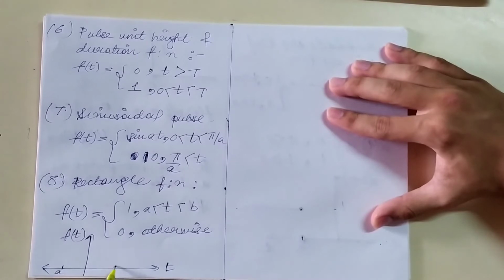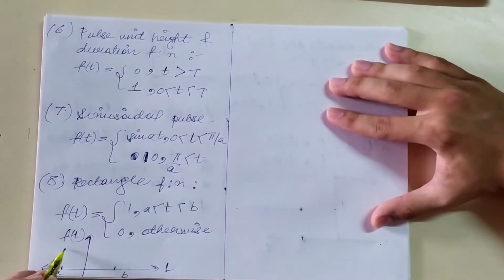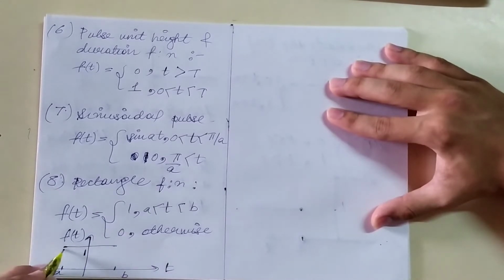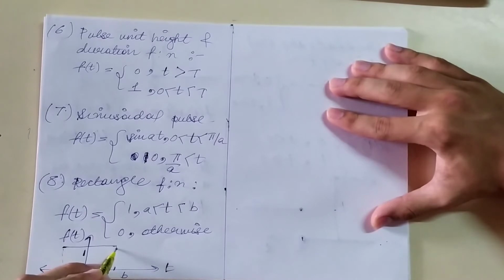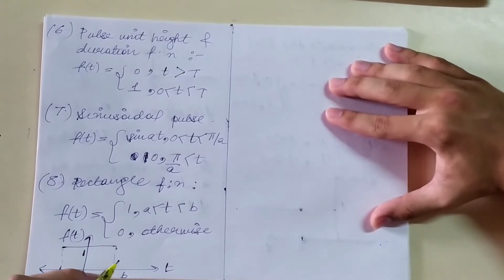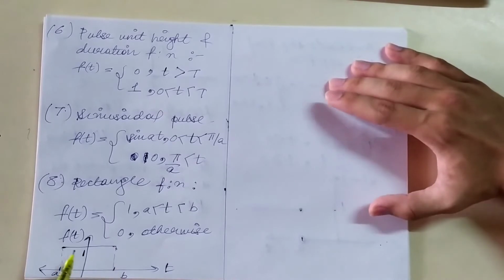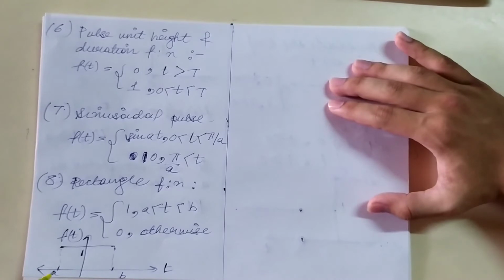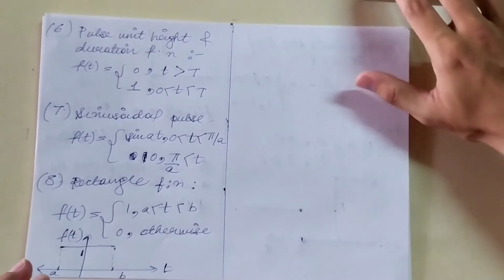Consider this point a and this point b. So from a to b the function remains 1, and outside that, that is for t less than a and for t greater than b, the function remains 0.